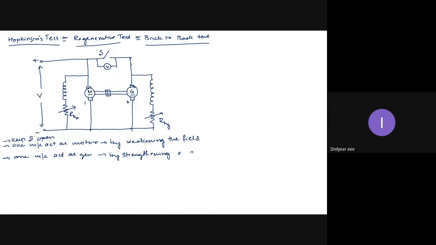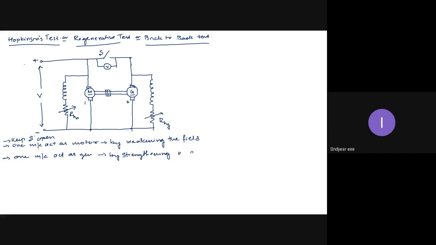The generator will start getting mechanical input. So machine 2 starts operating as a generator and starts giving out electrical output. Now when I close the switch, the mechanical output of the motor is given as input to the generator. The electrical output of the generator is given back as input to the motor.